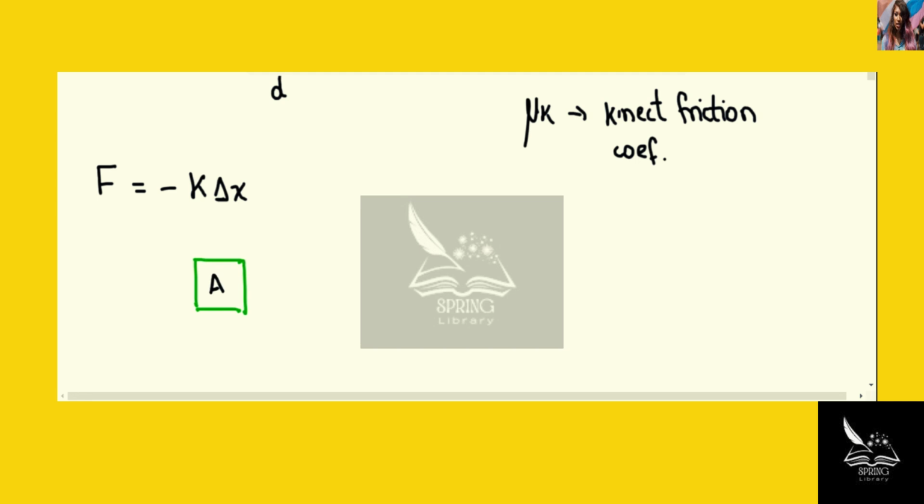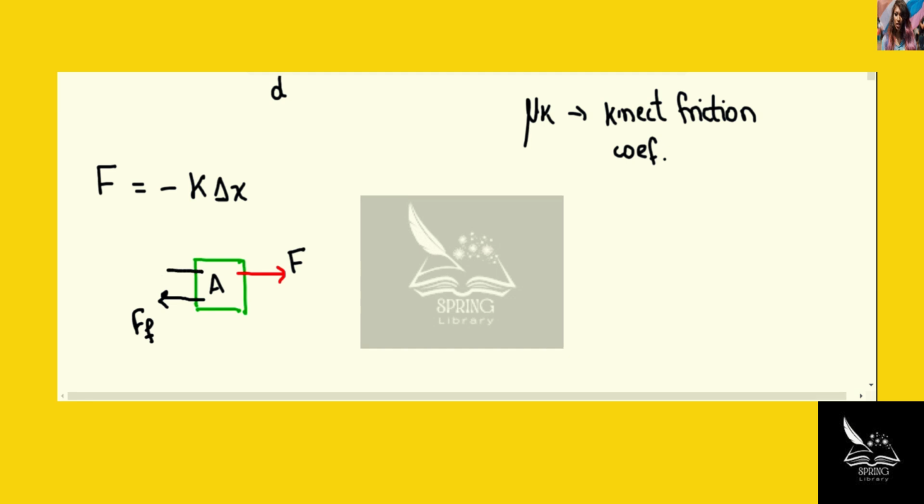So what we need to do first is to draw the free body diagram on the blocks. Let's start with block A. Block A is subject to the elastic force, F. We also have the friction force, FF.